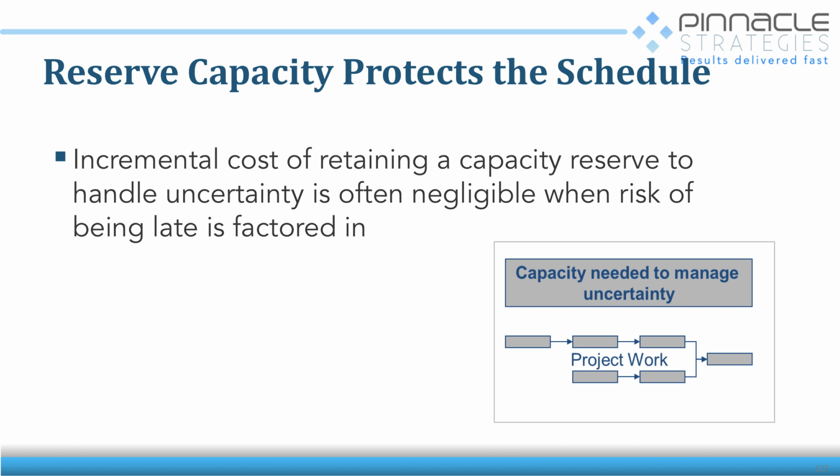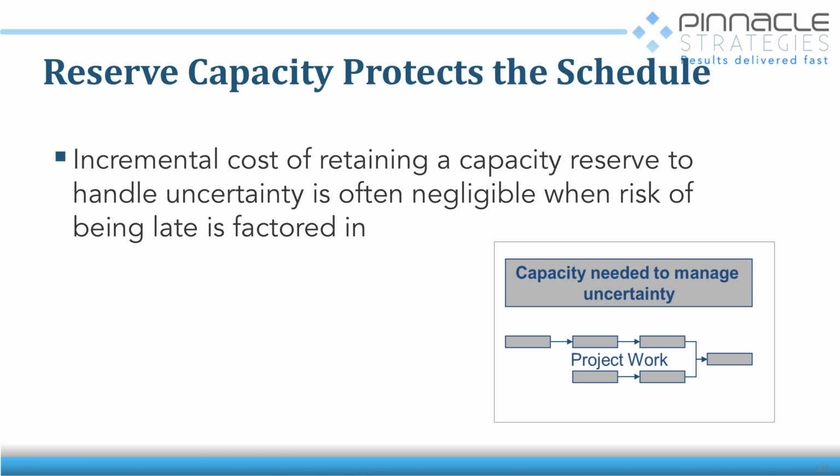In the schedule, we have those time reserves, those time buffers. But in capacity management, now we're thinking about maintaining a buffer of capacity, some reserve capacity to sprint or to surge or to resolve uncertainty. This is what the capacity management process is designed to do.